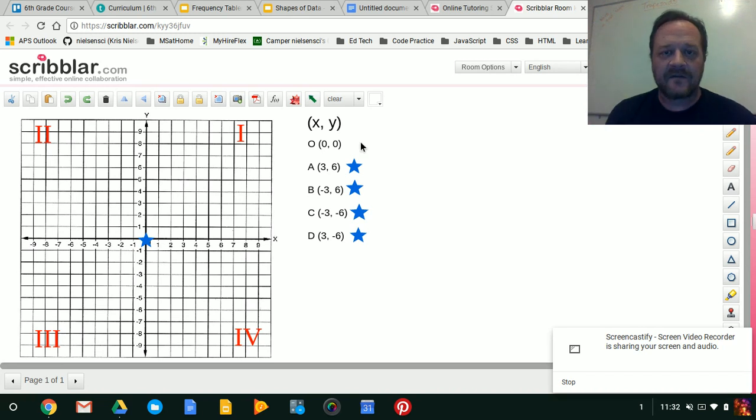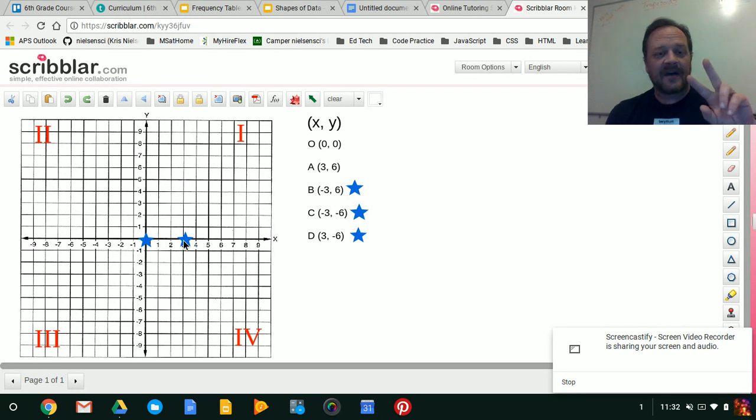So let me drag this star right here, and I'll show you what I mean. If we start at the origin, right in the middle, and we say, okay, the first number is 3, and that's the X direction, that means we're going to move our star 3 spaces to the right, because it's positive, right? Now, the next number says 6, and that tells me the Y direction.